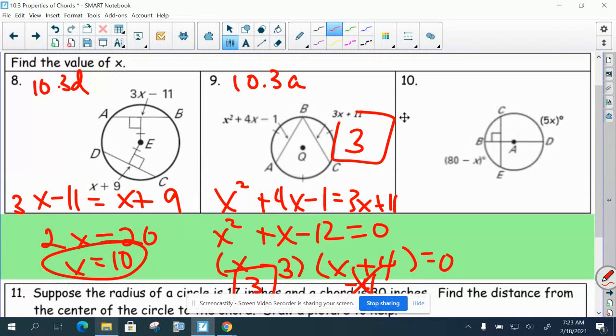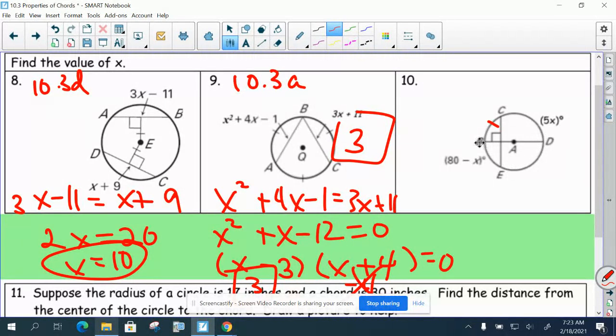All right, and then how about this one? So this is a diameter, it's perpendicular to this chord, so that means it's a perpendicular bisector and it bisects the arc, so this is also going to be 80 minus x, and then by process of elimination, we can figure out that if this is 5x, this is also going to be 5x.